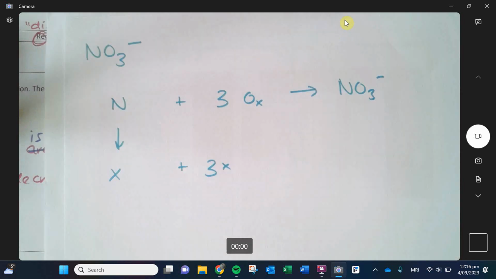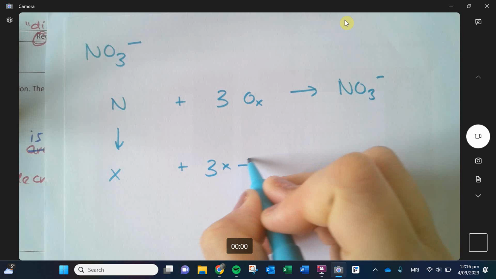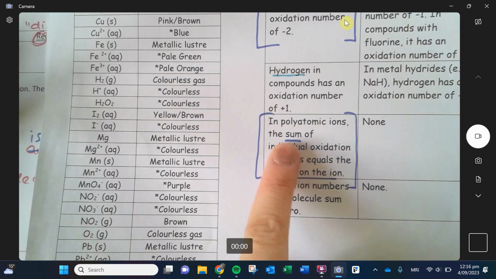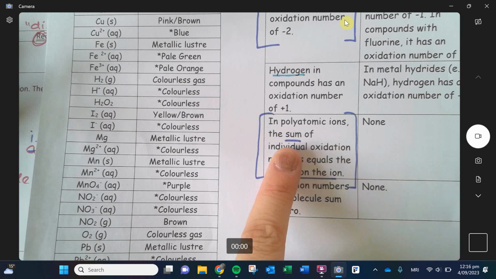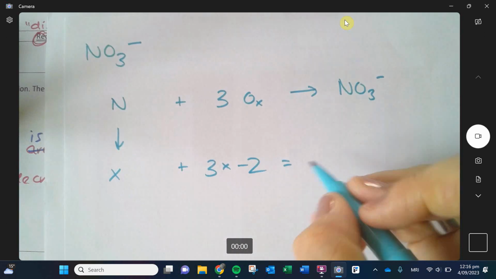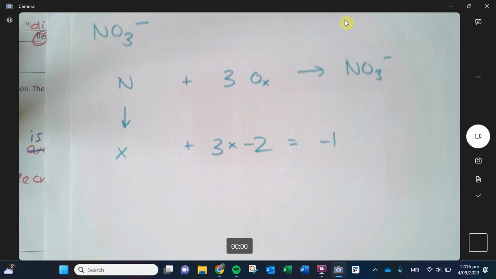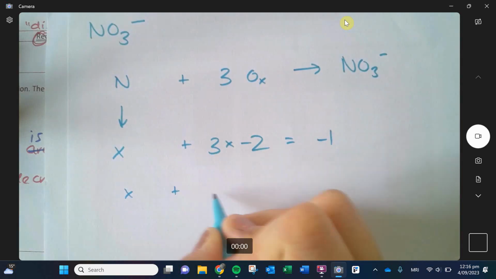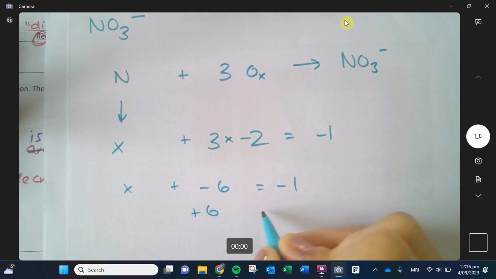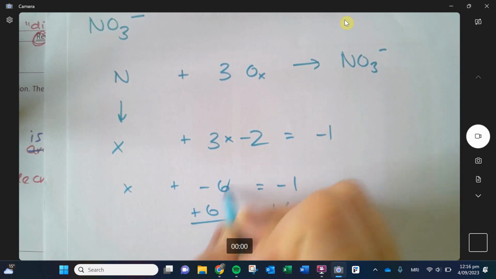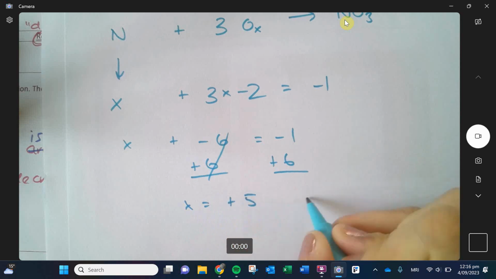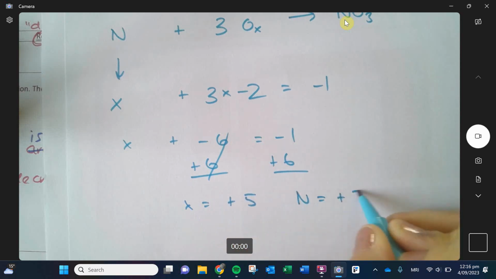So I'm going to use the -2 number, so 3 times -2, and I'm allowed to set that equal to -1 because the sum of the polyatomic ions is equal to the charge of the ion. So I set that to -1. Then I have X plus -6 equals -1, plus 6 to both sides. 6 cancels out. X equals +5. So nitrogen's oxidation number in this case is +5.